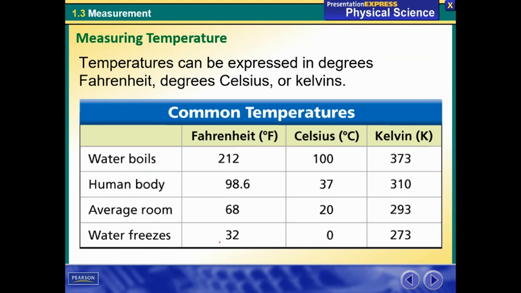Notice that water freezes about 32 degrees Fahrenheit, and that is the same thing as 0 degrees Celsius, and the same thing as 273 Kelvin. All of these numbers mean the same thing, but because they have a different unit attached to it, it looks different. So these units are important. Again, water boils at 212 Fahrenheit, but at 100 degrees Celsius.